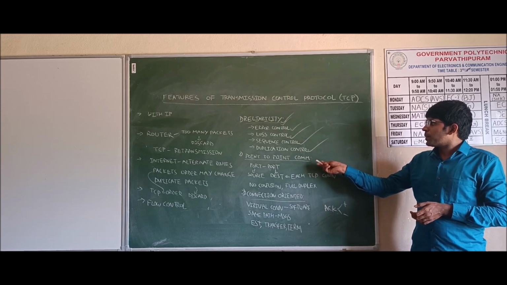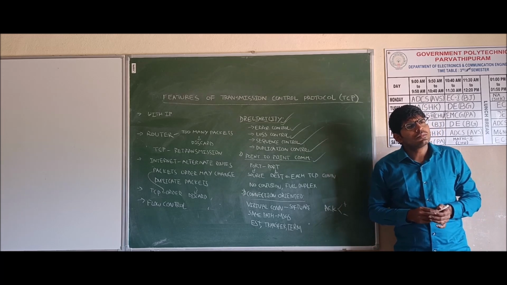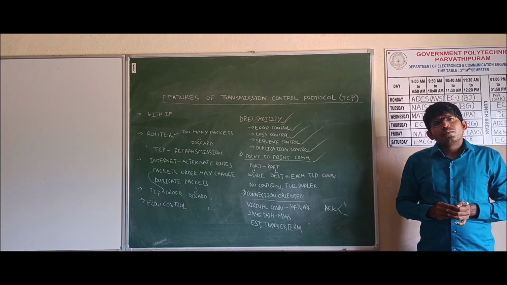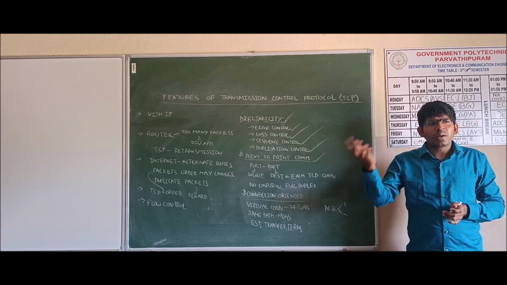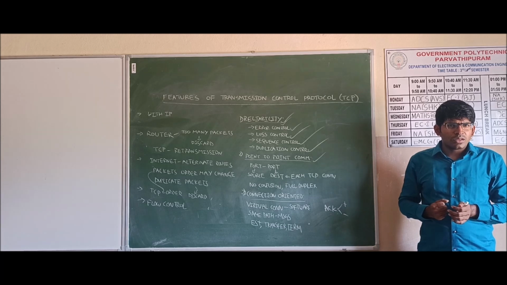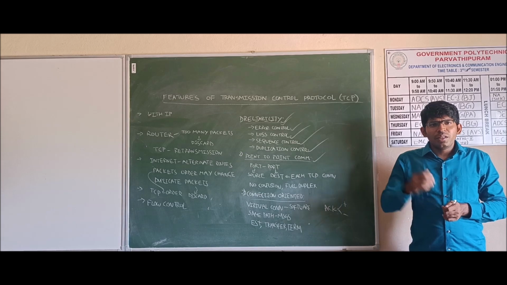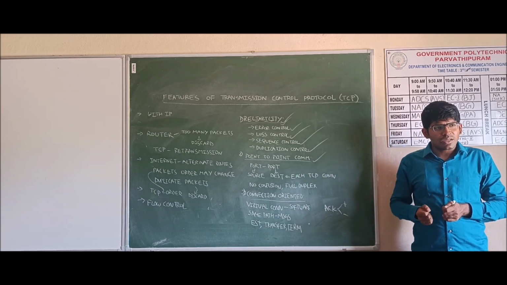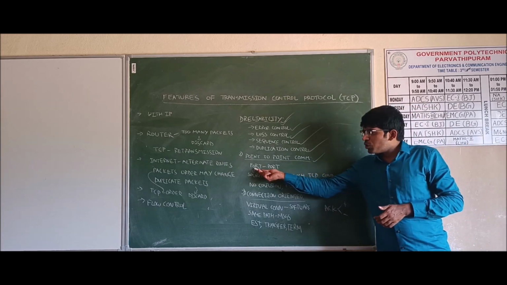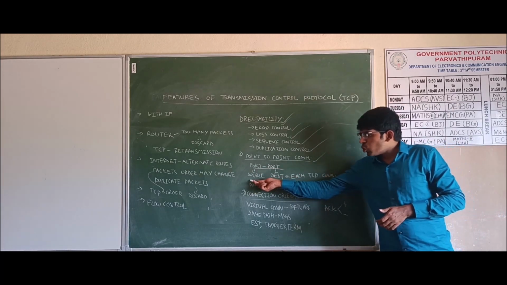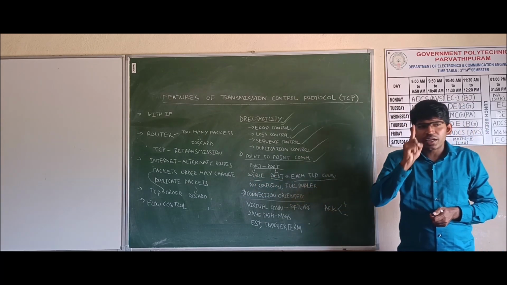Next one is point-to-point communication. The problem with the internet is we are asking for data from another computer network. The other computer network may be in America. In between there are many networks. So TCP is making the communication between port to port, meaning source and destination, for each TCP connection.